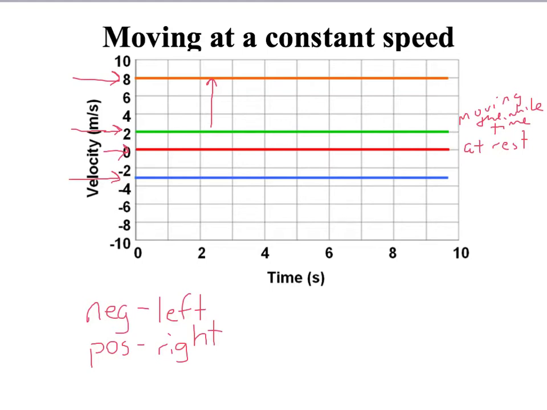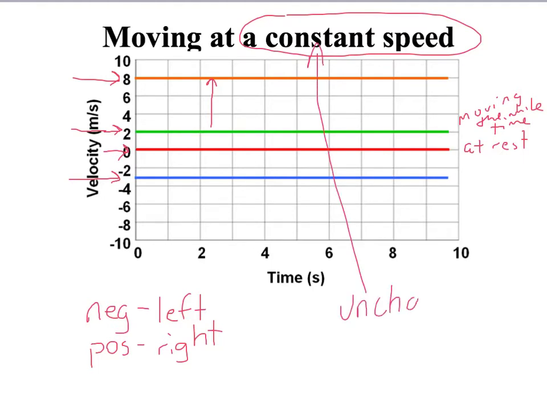But what I want you to note is that these flat lines mean that an object is moving at a constant speed. And what constant means is unchanging. So, on a velocity versus time graph, a flat line doesn't necessarily mean that an object is at rest unless that flat line is at a velocity of 0.